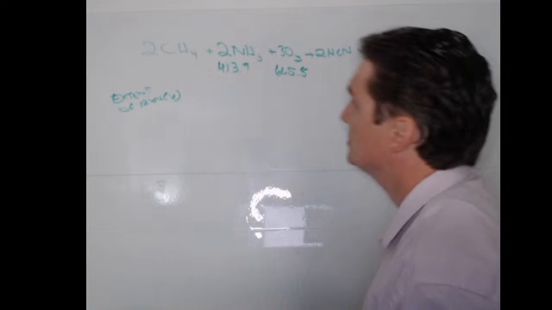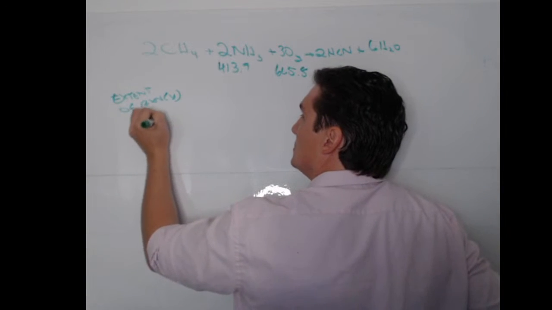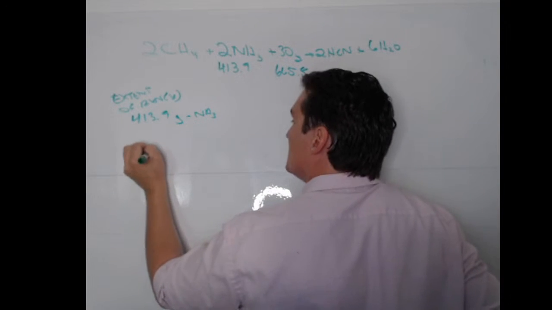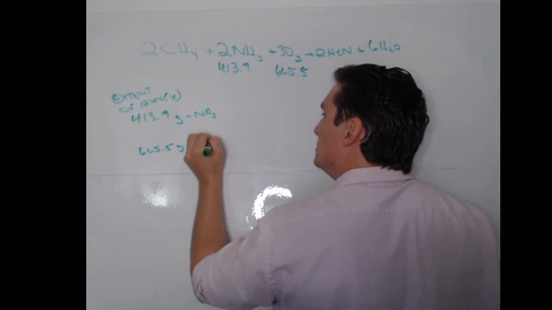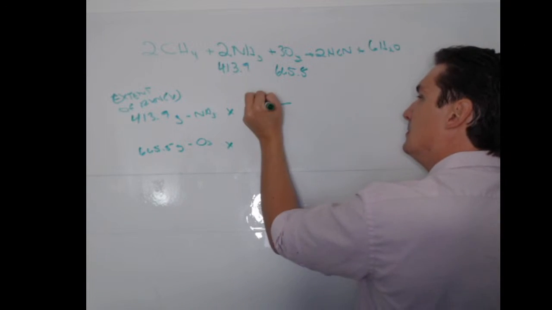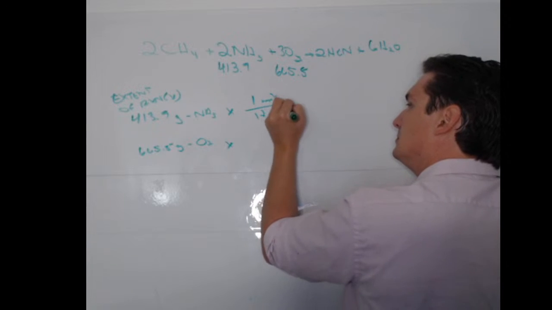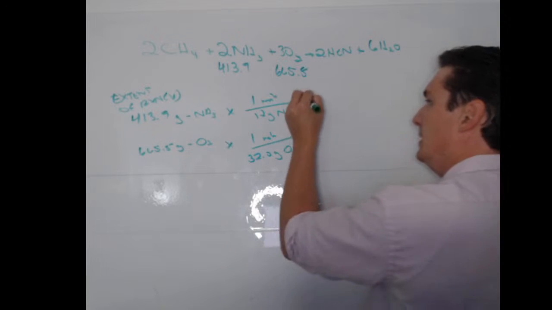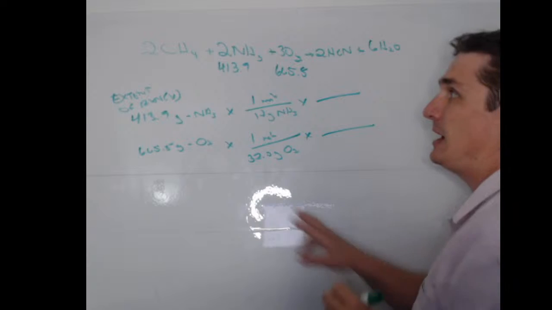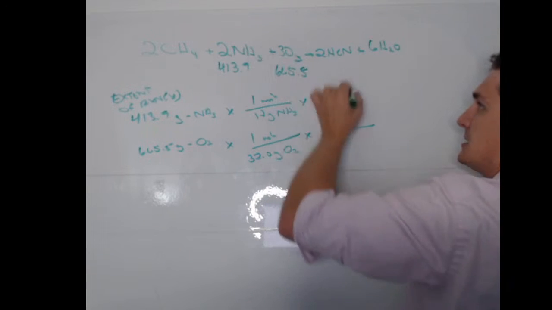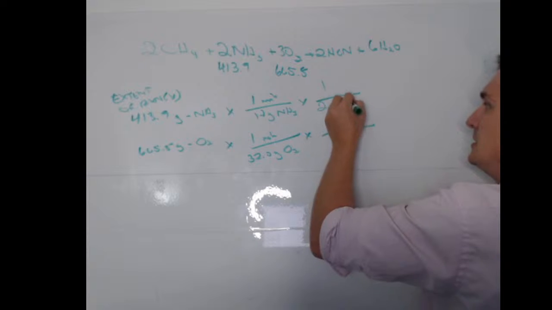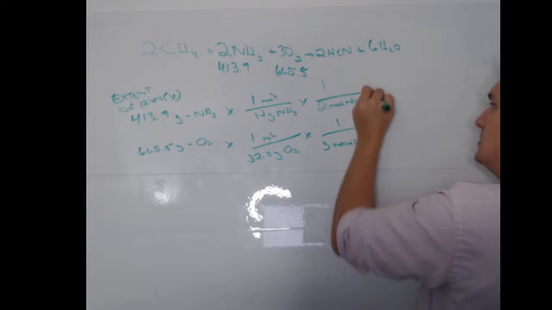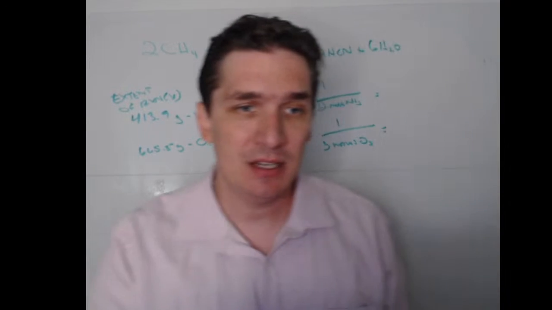So the way we find extent of reaction is we take our 413.9 grams of NH3 and 665.5 grams of O2, and we convert them to moles. The next step is to divide by the reaction coefficient. In this case, there are 2 moles of NH3 and 3 moles of O2, and this will give us the extent of reaction for both of them.